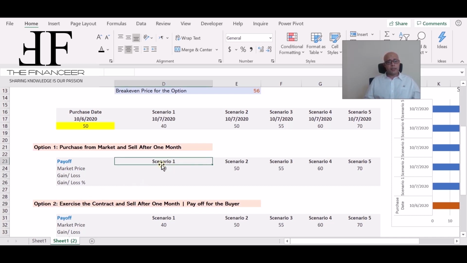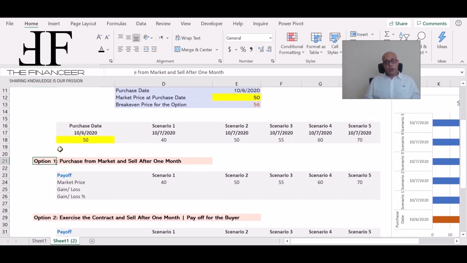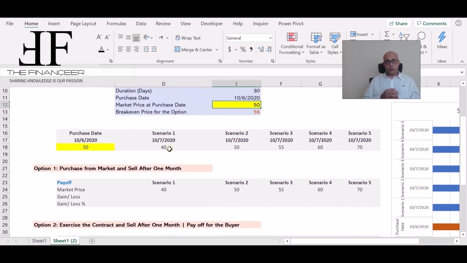Now let's say that we are going to follow the first way and purchase the stock on the 10th of June at $50 per share. In this case, and in the first scenario, after 1 month, the market price dropped down to 40.